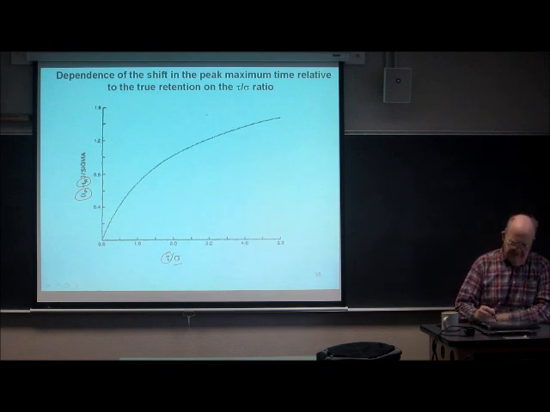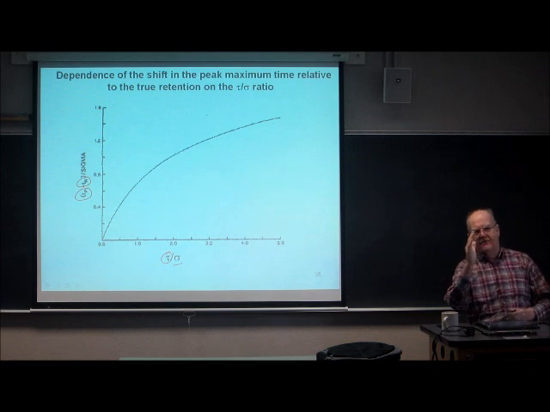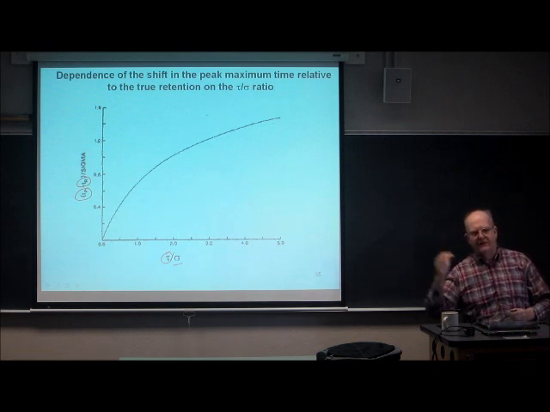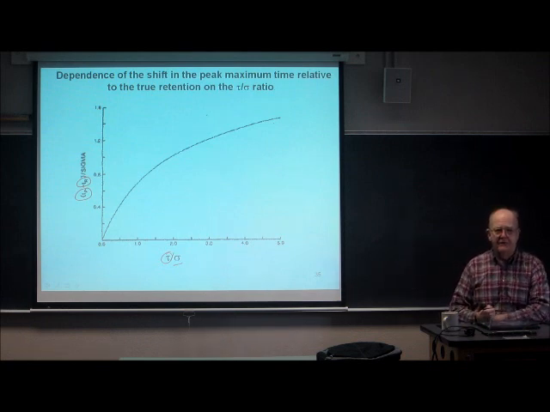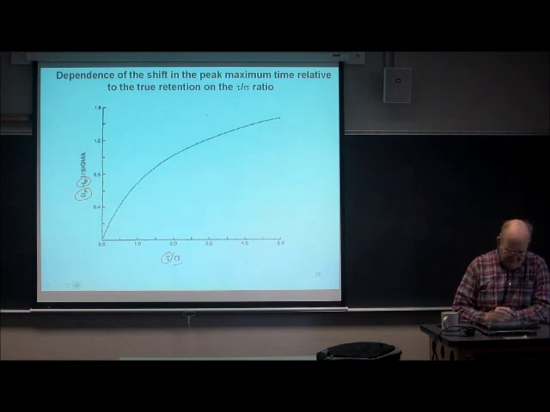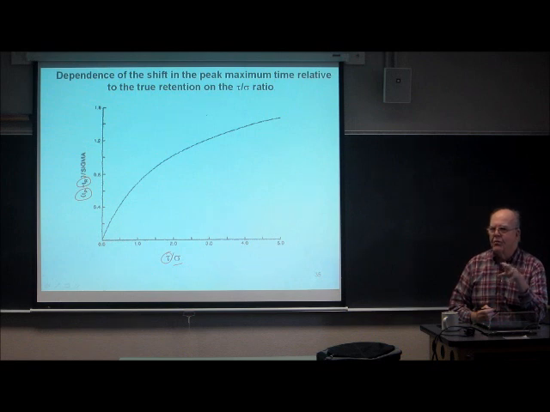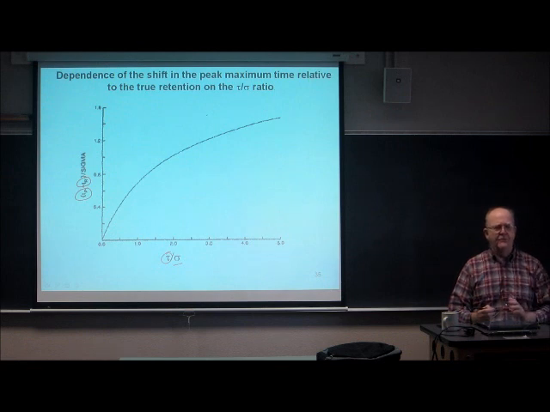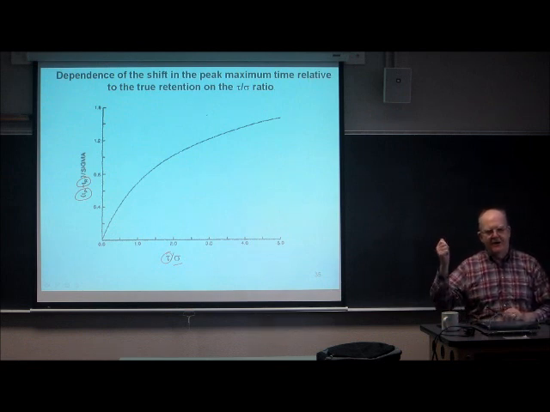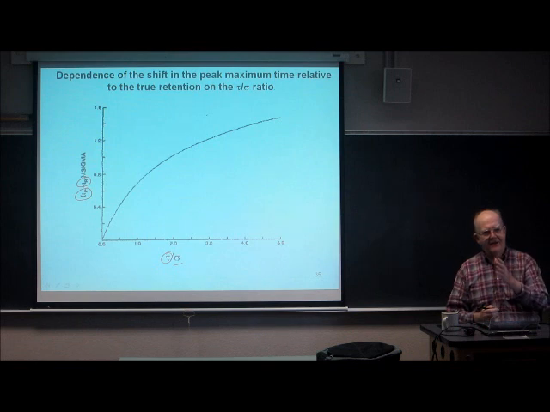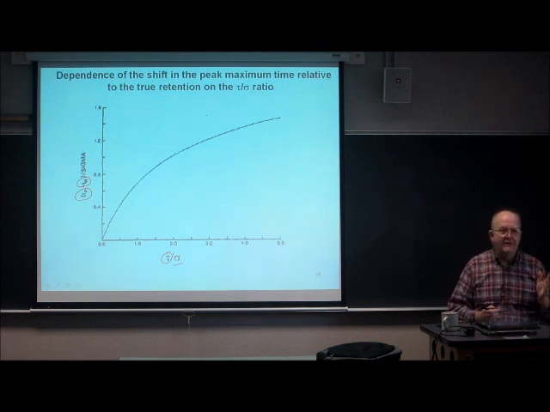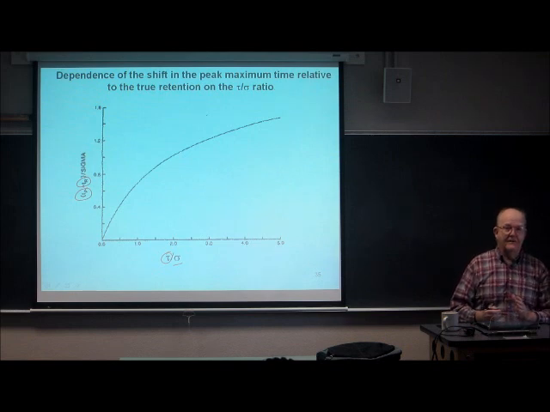And you see that the peak shifts out and out and out as you increase the time constant. And that's bad too, because now you don't really know where the peak is. If you were looking for a peak at a retention time of 10.12 seconds and your time constant is too high, it's going to come out at a time of maybe even 11 seconds, which would be bad news. You'd say, oh, that's not my compound.